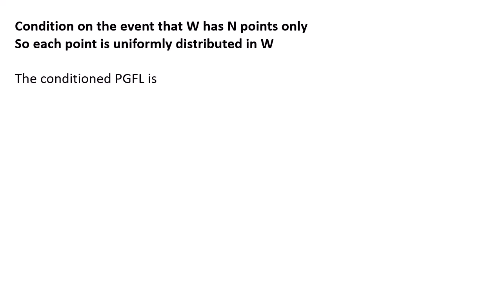So what will be the conditional PGFL, conditioned on there being n points? It is going to be equal to this. This is because they are independent, and for each point the expectation of g(x) would be the integral of g(x) dx times 1 upon the size of W. So dx upon size of W is the probability that the point will be in x.